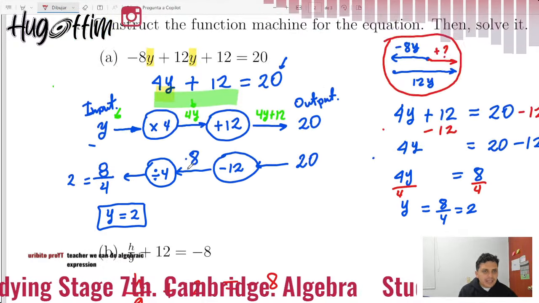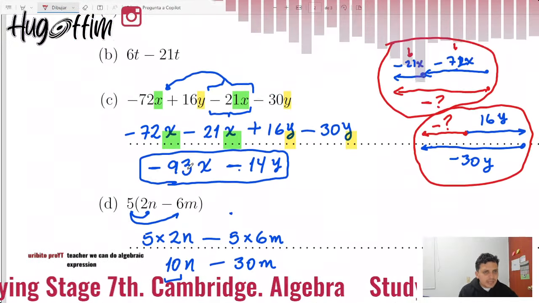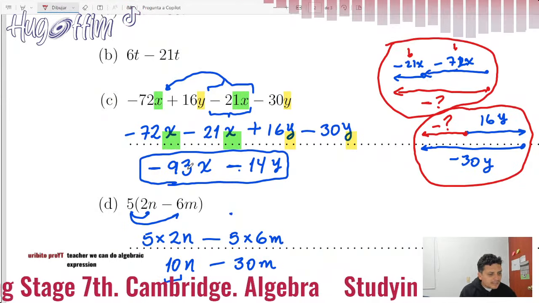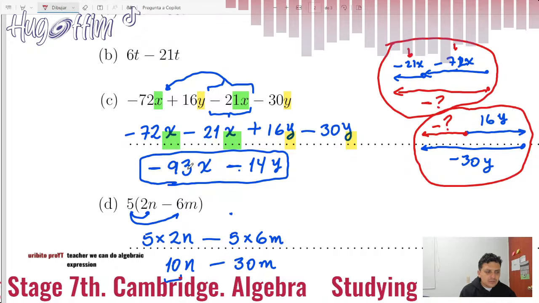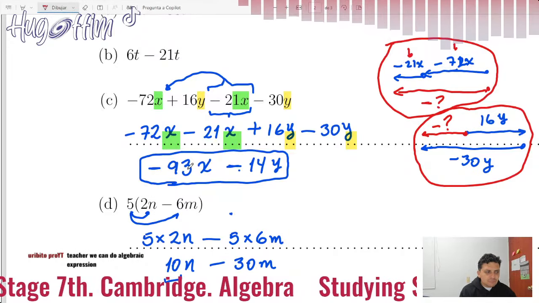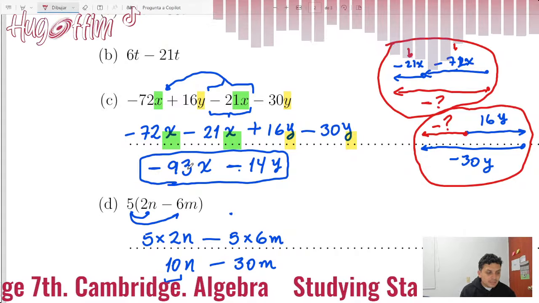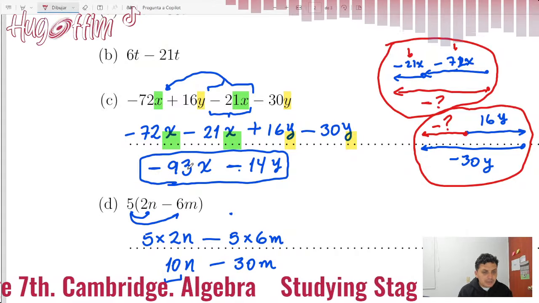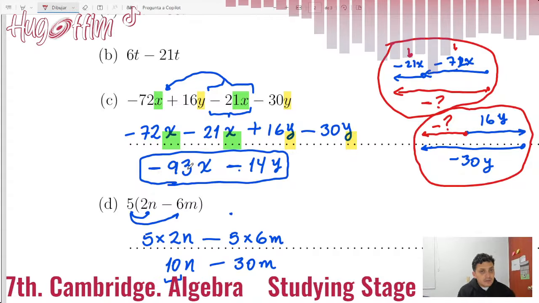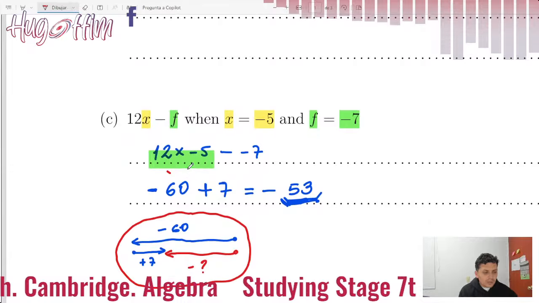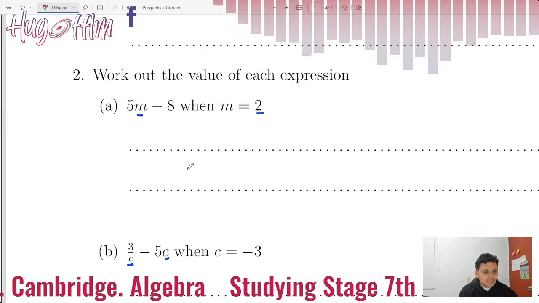When you say algebraic expression, do you mean simplifying the algebraic expression, or finding the algebraic expression? Because there's a difference. This is an algebraic expression, but this is simplifying the algebraic expression, and converting from words to algebra is this one. So I don't know what you mean when you say algebraic expression.